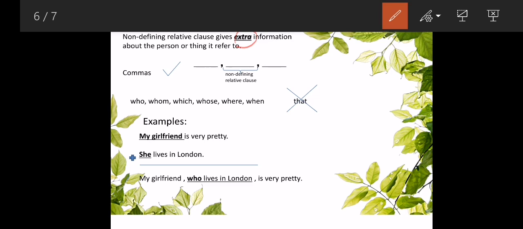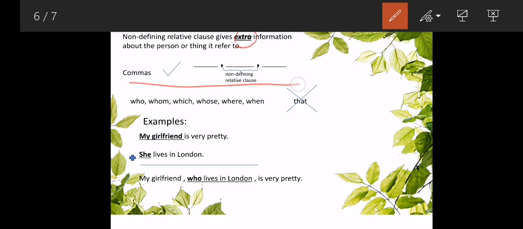This extra information could be left out. In fact, this information is not so necessary. If we omit a non-defining relative clause, the main sentence is still fully understandable. Okay?